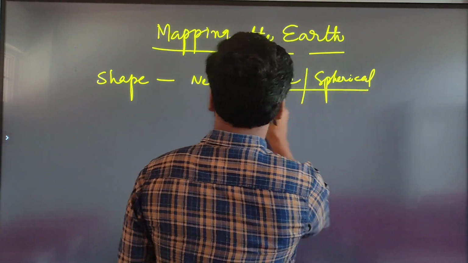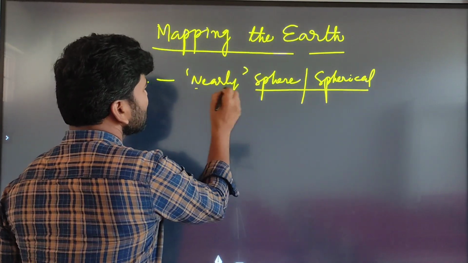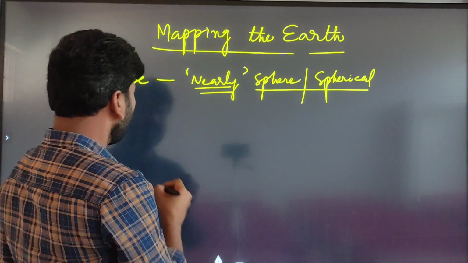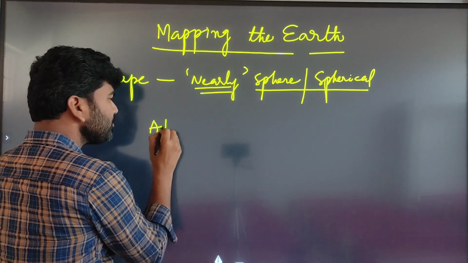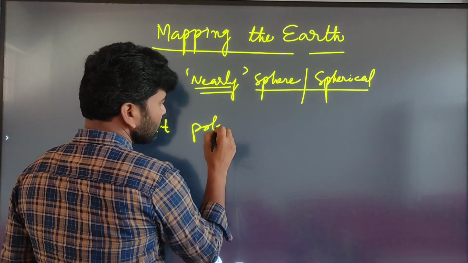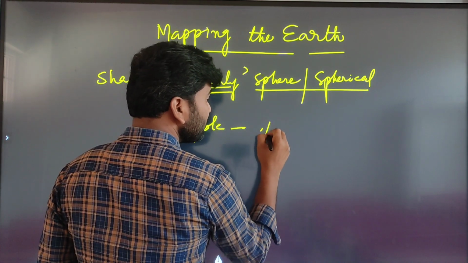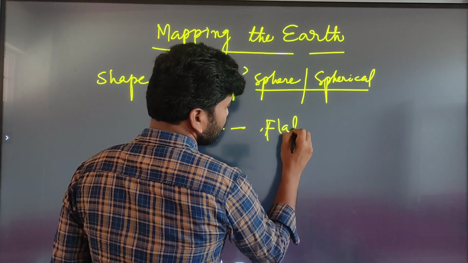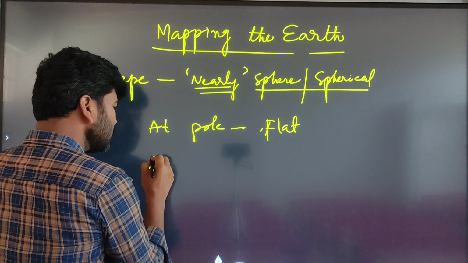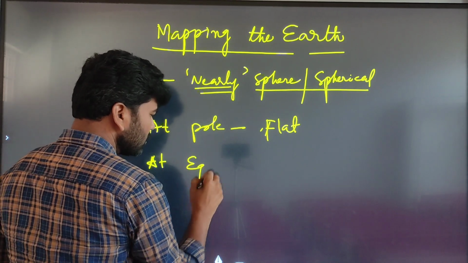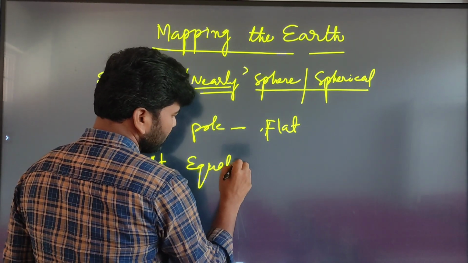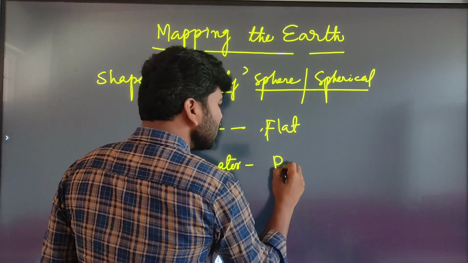So why use the word nearly sphere or spherical? Because at the poles it is flattened, and at the equator it is bulged.